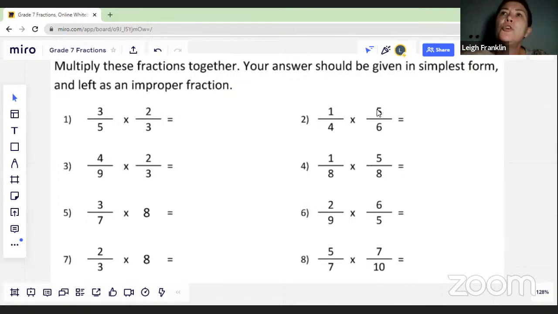But what we like to do in maths is we always like to give our answers in the simplest form possible. So let's say you end up with an answer like 5 over 10. 5 over 10 is a half, isn't it? It really is. But your teacher will expect you to be able to simplify it to 1 over 2.